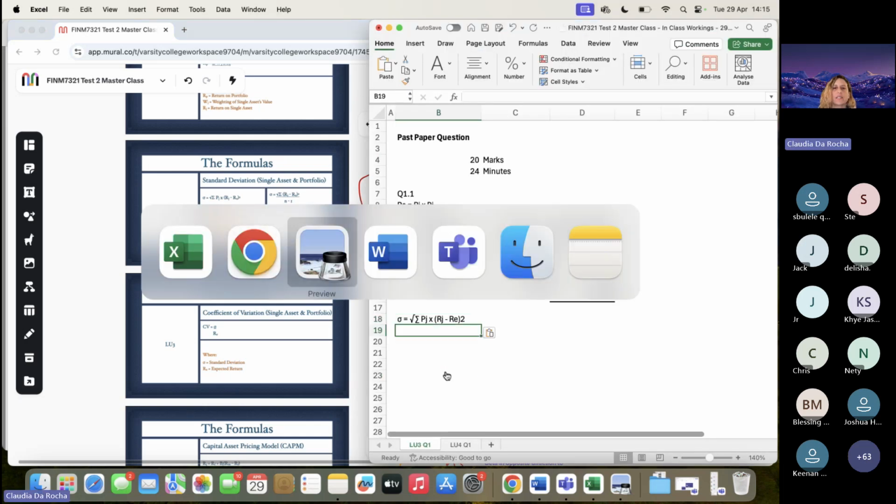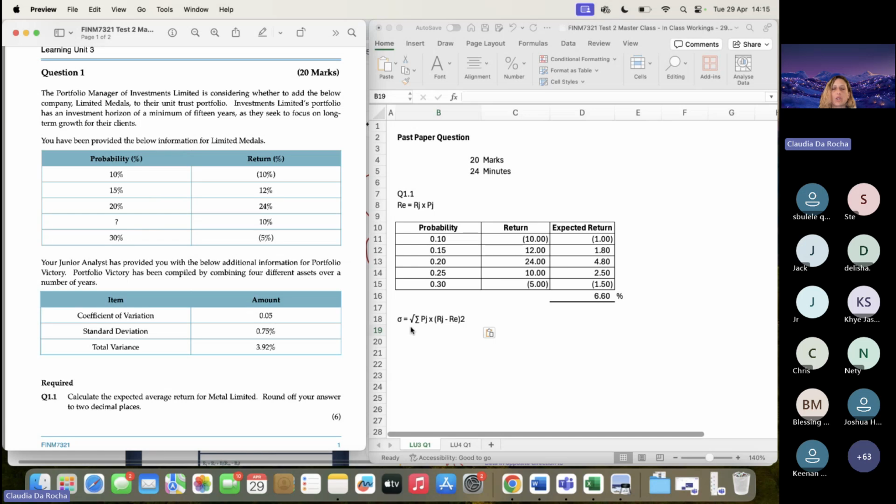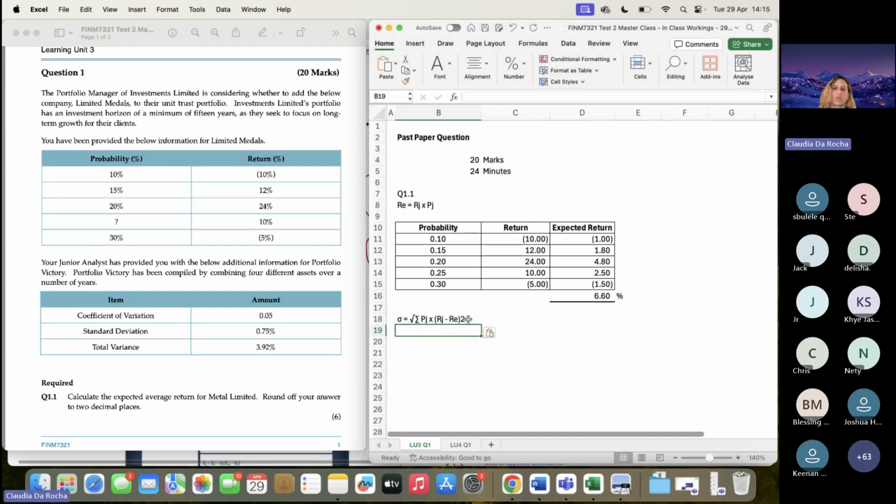Sigma equals the square root of the sum of PJ times (RJ minus RE) squared. This is a square root here. It's supposed to be a small 2. I'm going to do a table again. As I said, in my solution I've done just the formula method and I just follow the formula, but here I'm doing the table method. Either one is acceptable. You can choose whichever one you prefer.